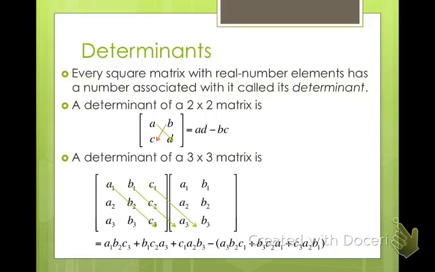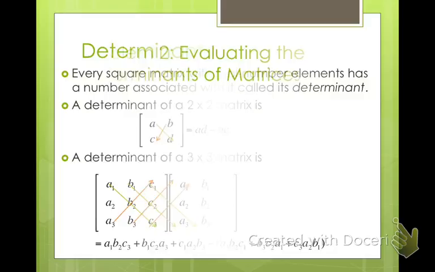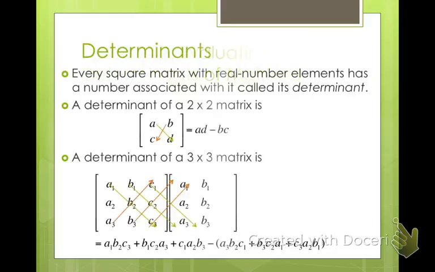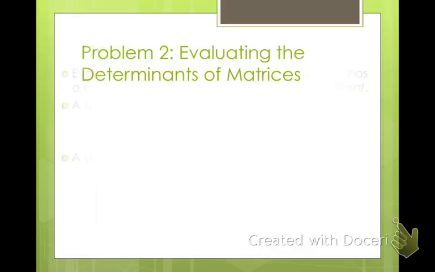And then you subtract going up the other way: A3, B2, C1, B3, C2, A1, and C3, A2, B1. So you multiply across and add, and then you multiply up, across, and subtract. Hint, hint, we're probably not going to do a lot of those on tests and quizzes. But the 2 by 2 matrix we most definitely will be doing.